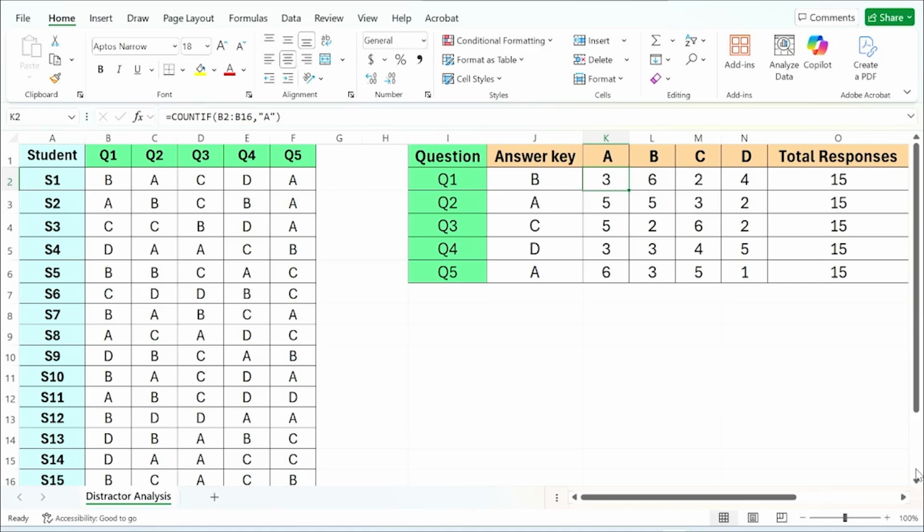P of C, the third option, is 2 out of 15, am I right? Times 100. The last one is D, 4 out of 15.